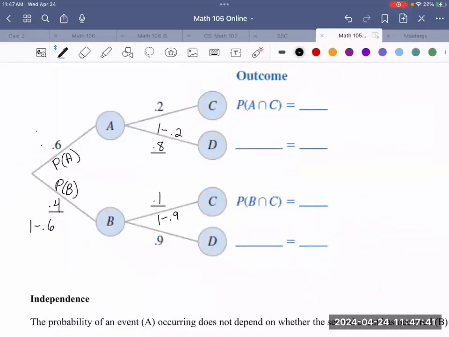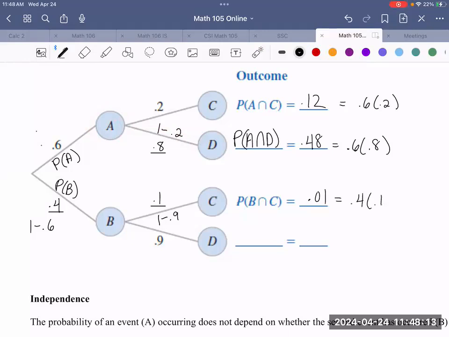Now, what do these outcomes look like? Well, A and C is equal to 0.6 times 0.2, which is 0.12. This branch is the result of A and a D, 0.48, which comes from 0.6 times 0.8. And again, B and C, just doing it again, 0.4 times 0.1.